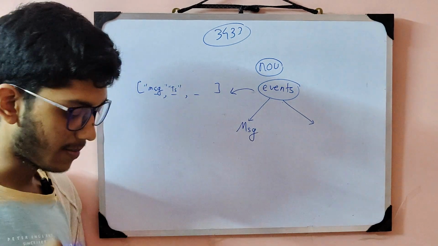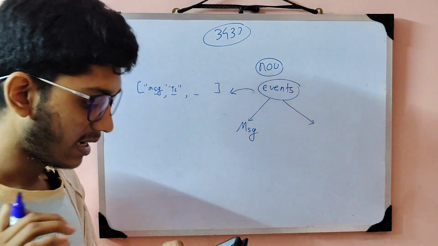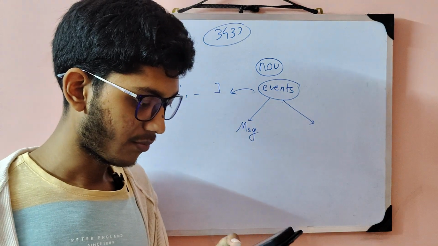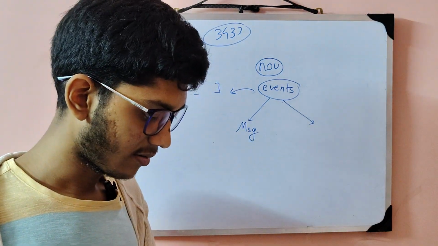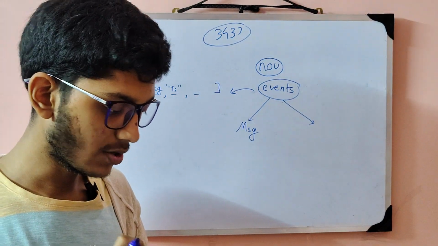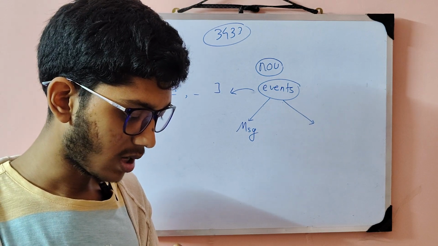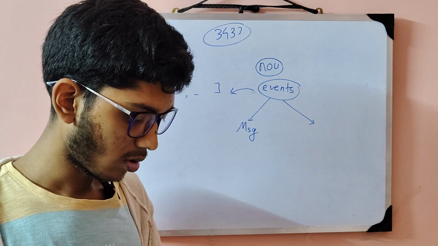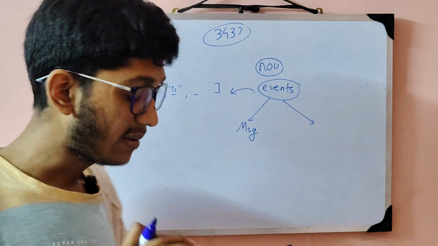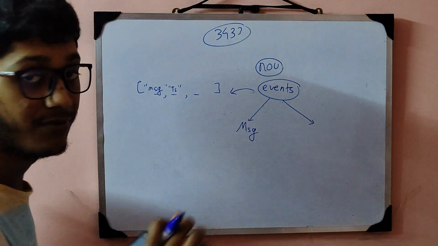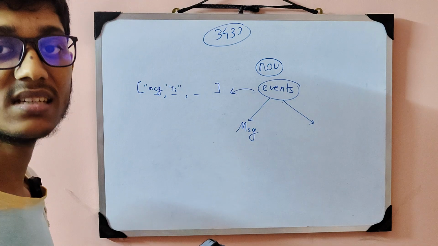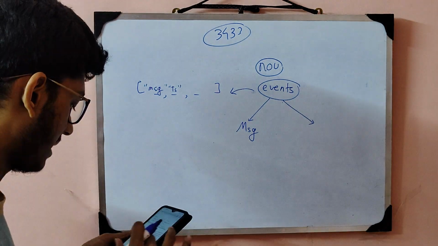What is a timestamp in here? The event indicates the set of users mentioned in the message at that timestamp. Timestamp means when the event is occurring, when the message is sent, something like that.